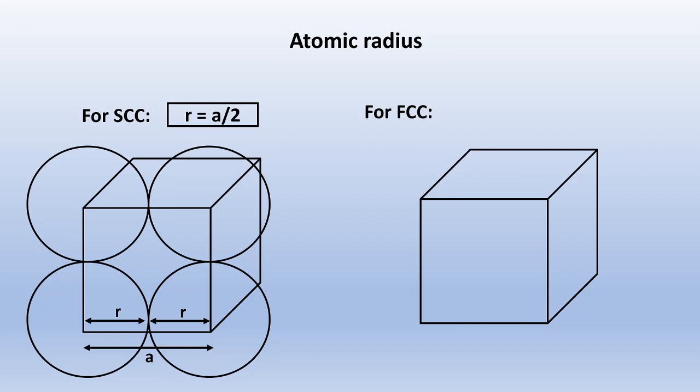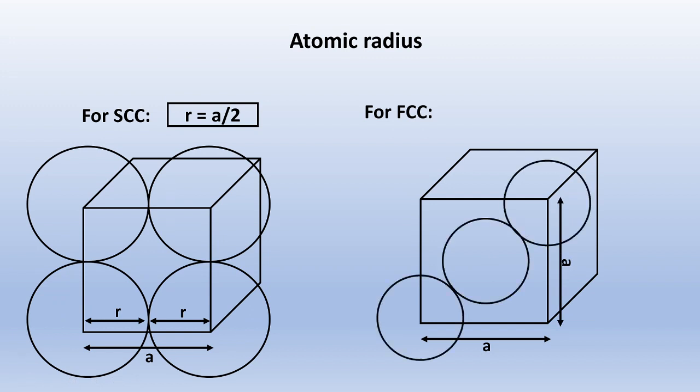Next we will calculate for FCC. Now in FCC we know that atoms are present at the corners and at the center of the face. Again, suppose the side of the cube is A, and let's look at the atoms which are present on this face. Let's look at these 3 atoms.